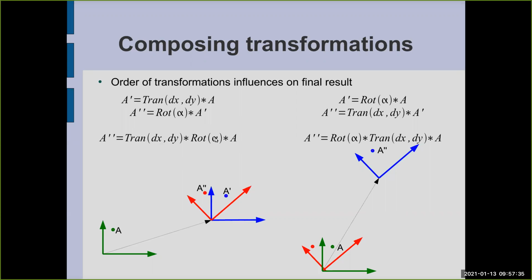So when we multiply all transformation matrices before multiplying the localization of point A, we get a single transformation matrix for any complex set of transformations. This is a very important feature because it's enough to calculate this transformation matrix once, and we can apply it for all points on our scene.